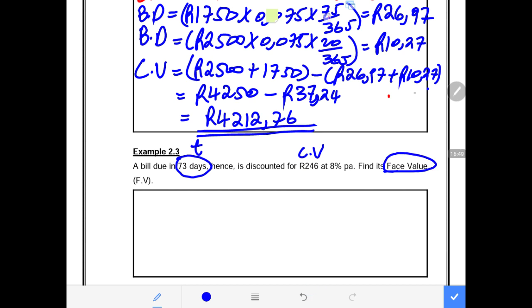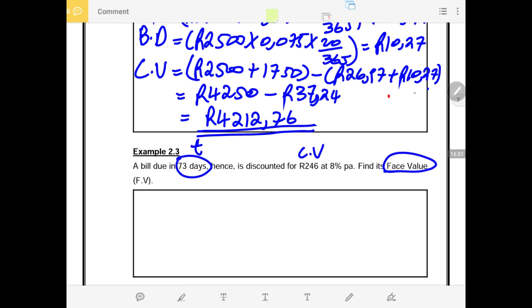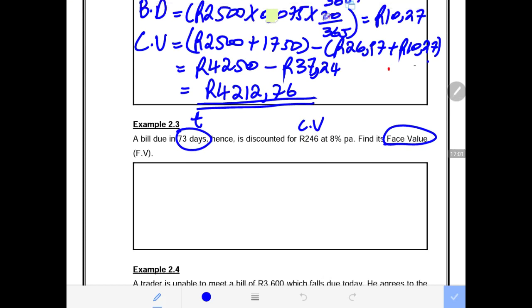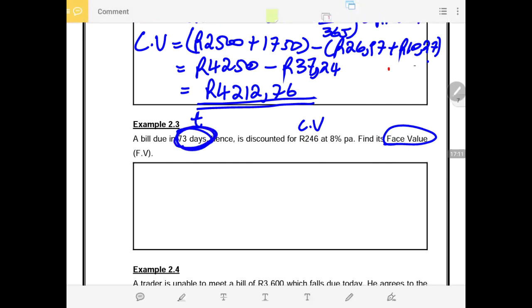But I will be explaining that to you very soon. Now let me also continue and complete this question because it's a very short question. In this case, what are we given? We are given the unexpired period, where we are told that the bill was due in 73 days.